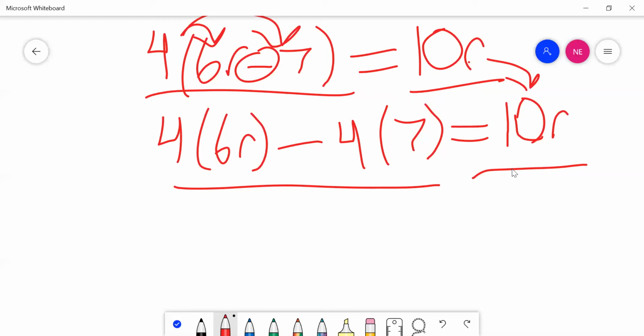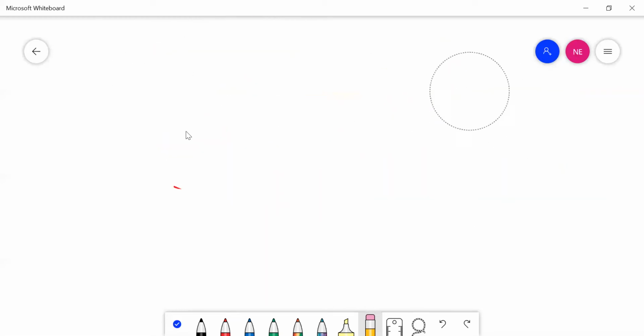I would again have to erase my board because I want to have more room to write the next step. So you can again go back into the video and see step number 1, and I will be erasing step number 2 right now. So you could just go back and look at it. Okay, so I would be erasing this quickly.